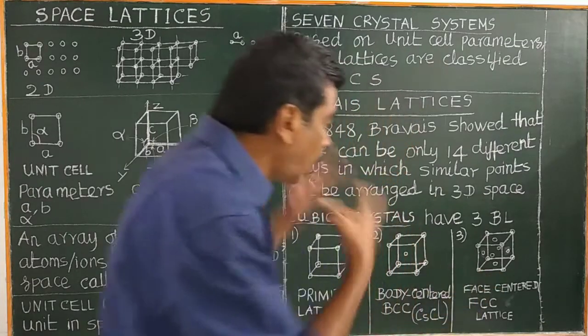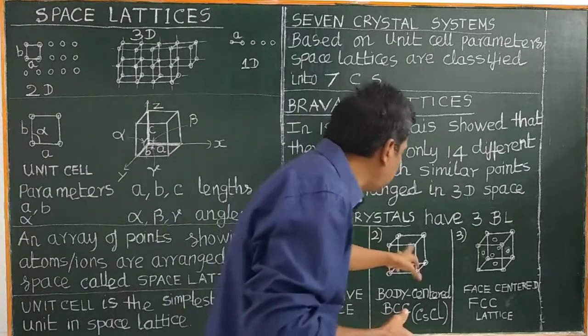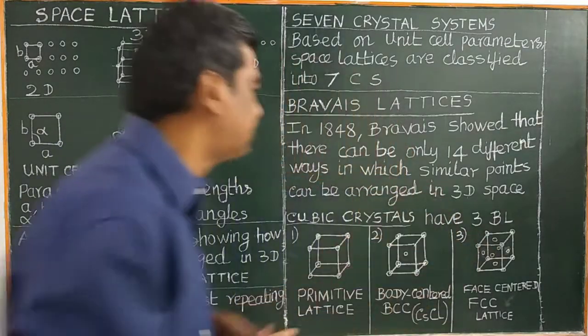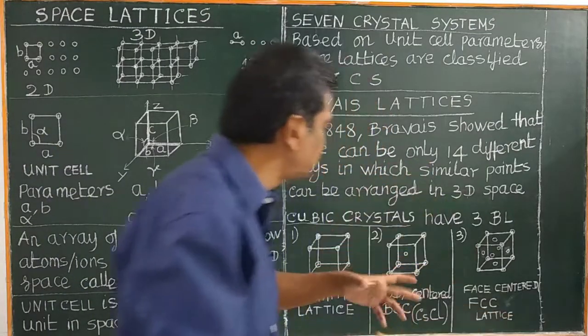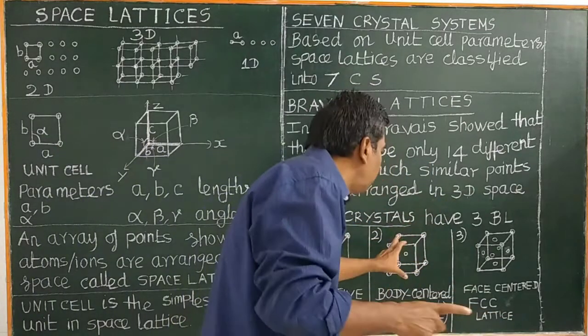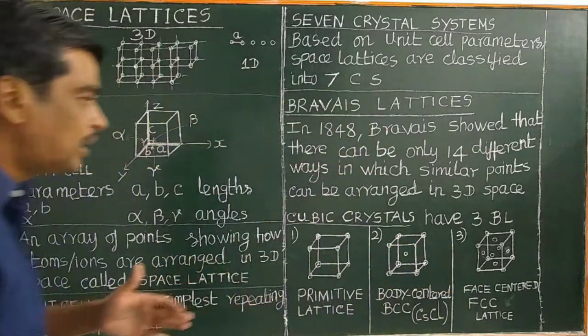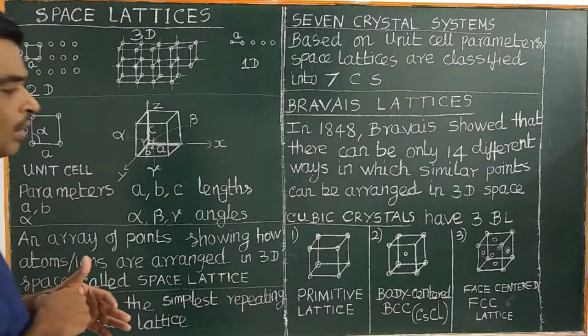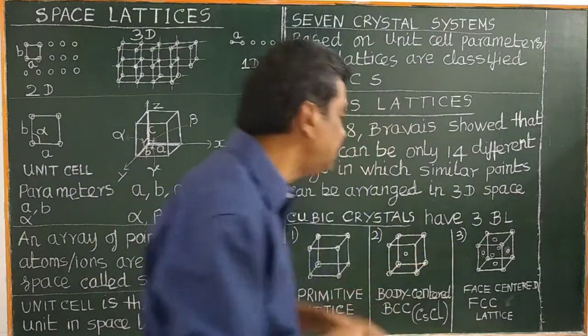In addition to the atoms at the corners of the cube, there is one atom at the body center of the cube. For example, cesium chloride belongs to the BCC lattice.